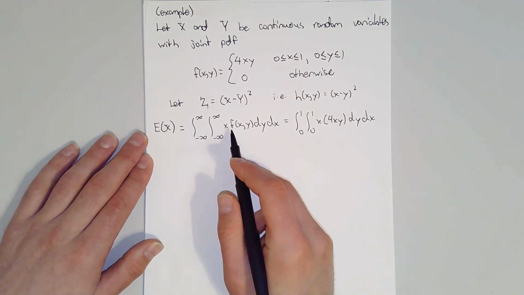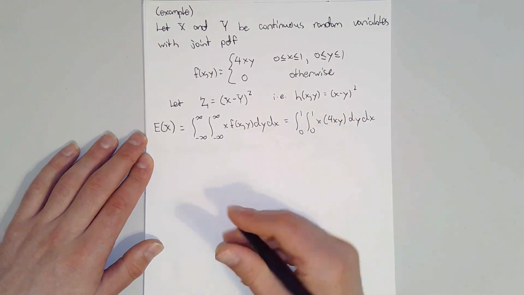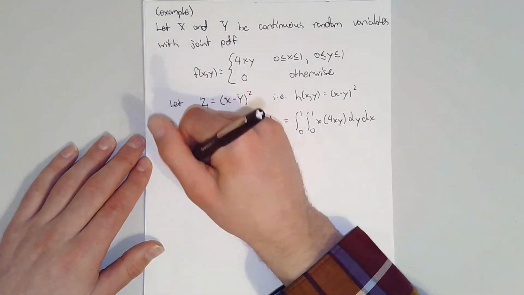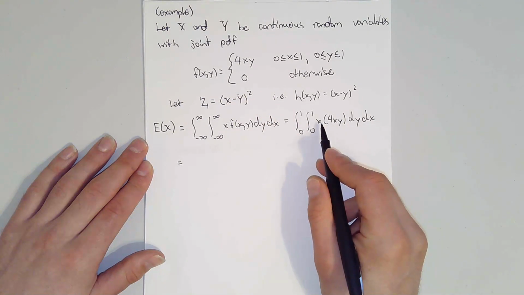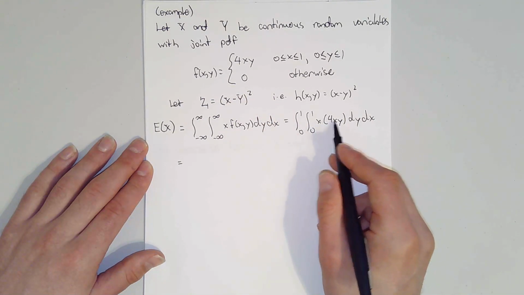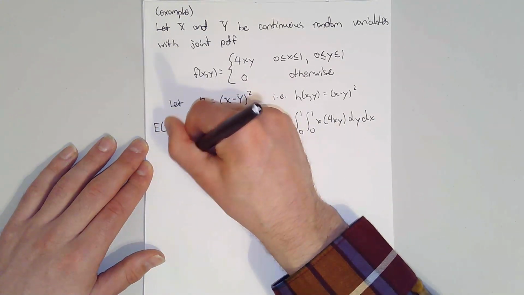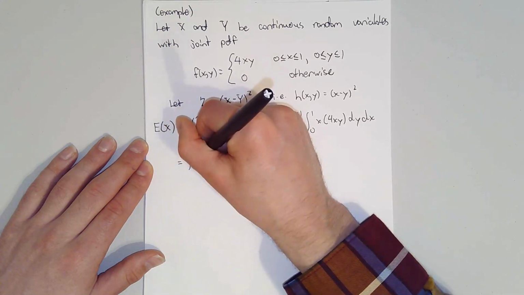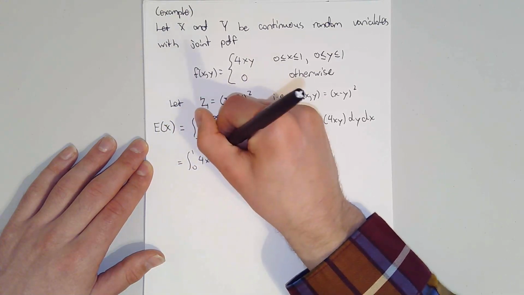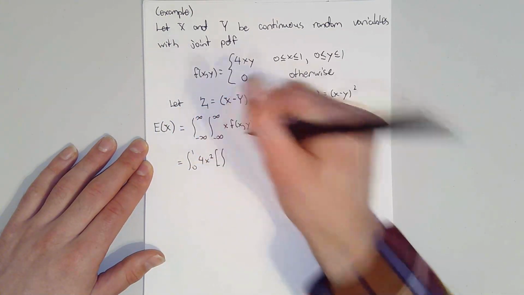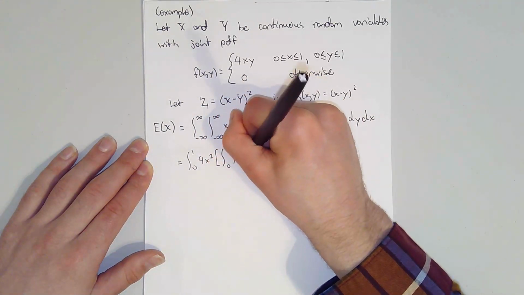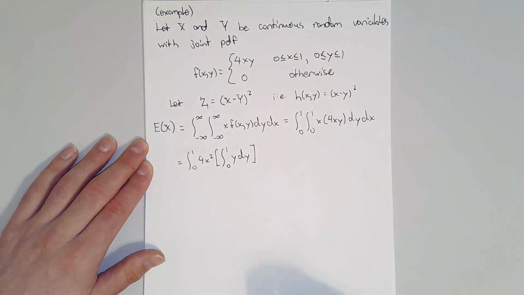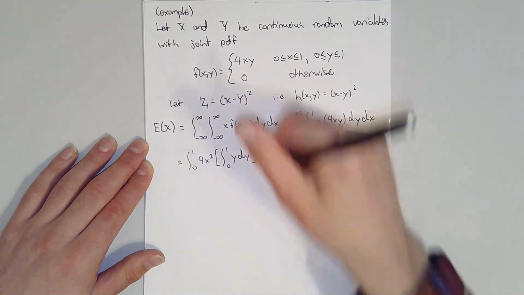So such an integral reduces to the following. This is a nice one because we can pull out the 4x and x, giving us 4x squared on the outside, and the inside integral is just the remaining y dy.